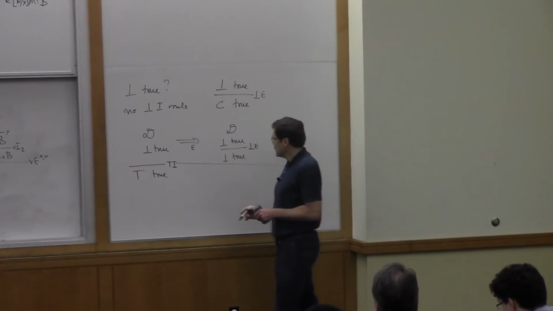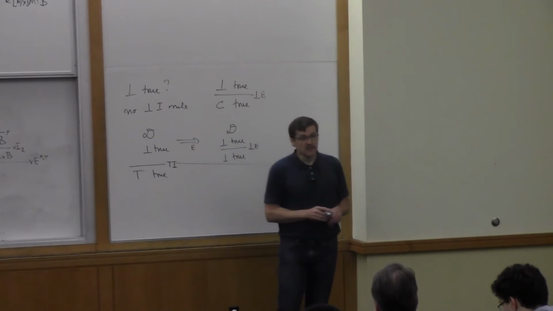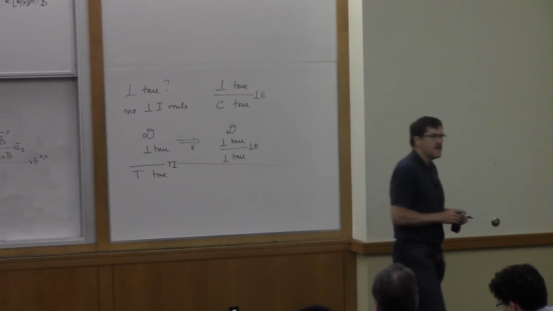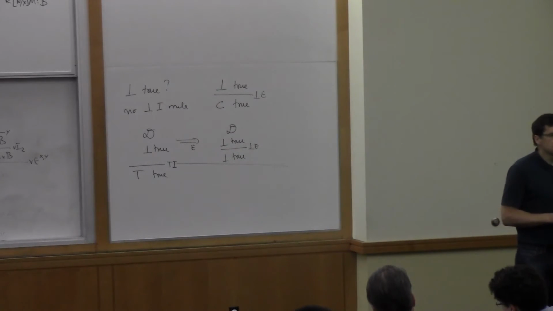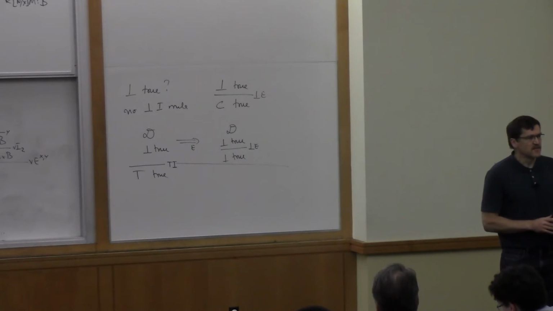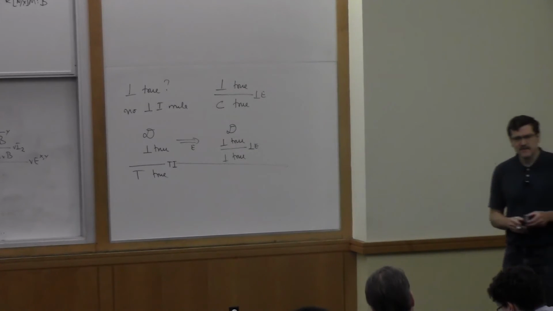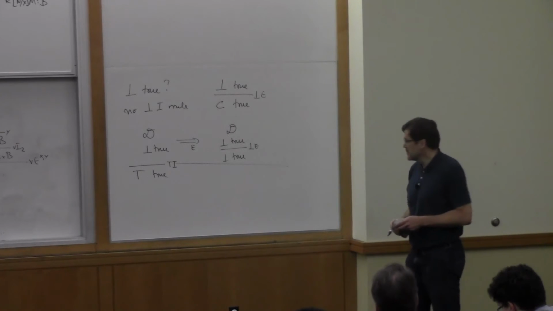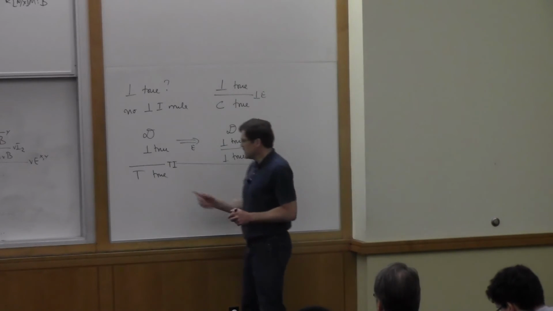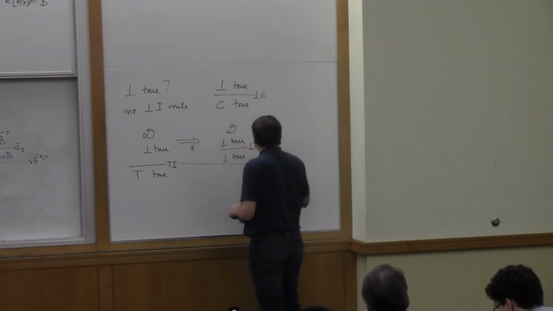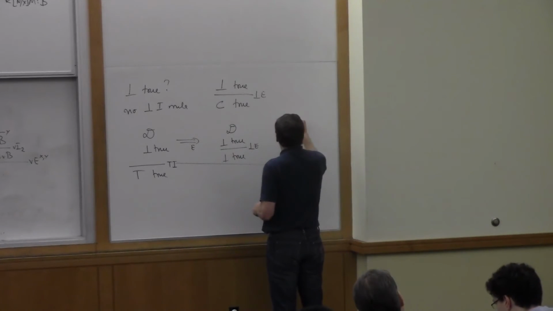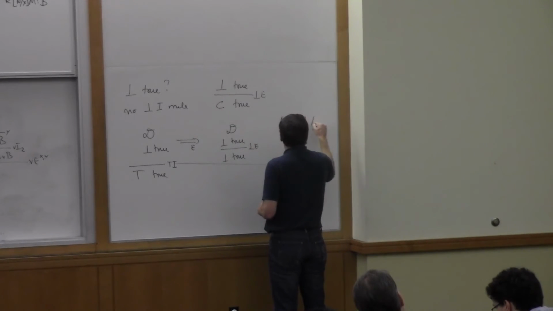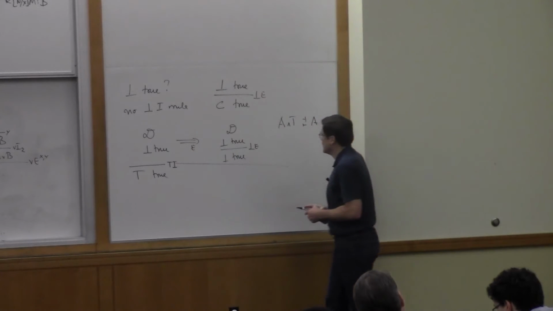Now, what would be my elimination rule or rules for top? How much information do I cram into the proof of top? None, right? Because there's no premises. So think of it as a zero-ary conjunction because we have A and top should be isomorphic to just A, right?